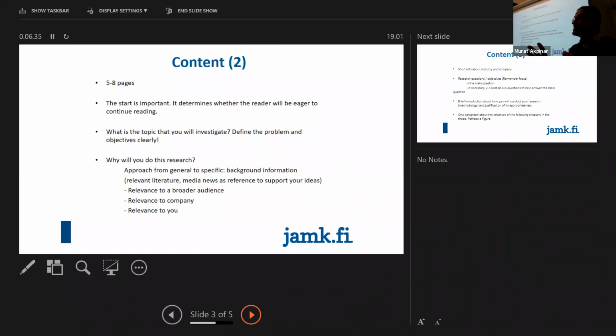So we are not only talking about academic literature, but we are also talking about news in the media which justify that there is a need for this kind of research. What about conferences and seminars?